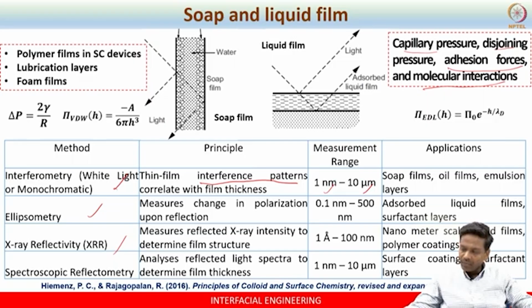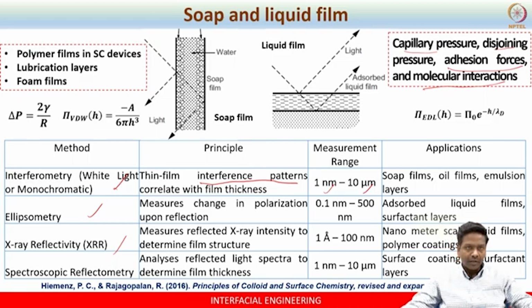and interface roughness and layering of molecules in confined films, right, based on which you can measure capillary pressure or disjoining pressure, and you can talk about whether the type of force involved is van der Waals force or electrical double layer interaction.